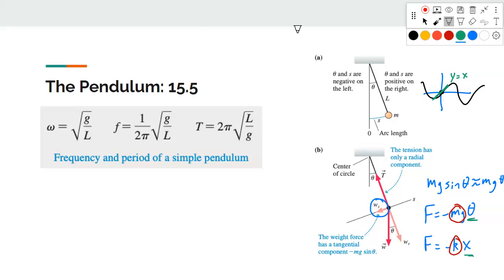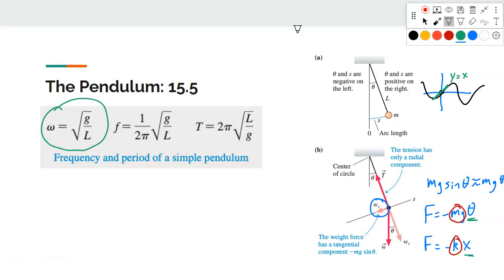When you plug this in, what you'll find is that we can derive our omega. I'm not going to do it for you here for the sake of time, but it's done in the book. We find that omega is root g over L. There's going to be an mg in the numerator that'll cancel the m in the denominator that we saw in the spring case.